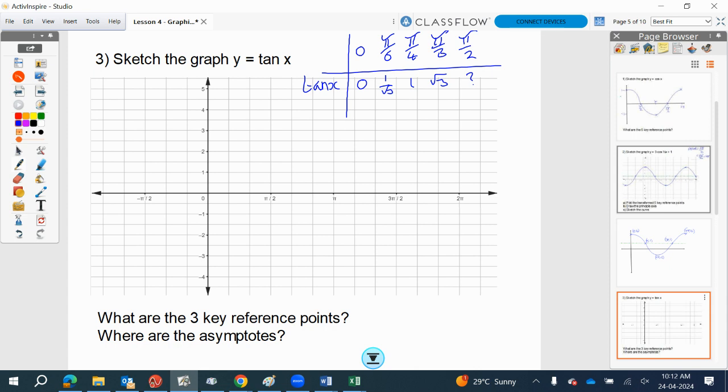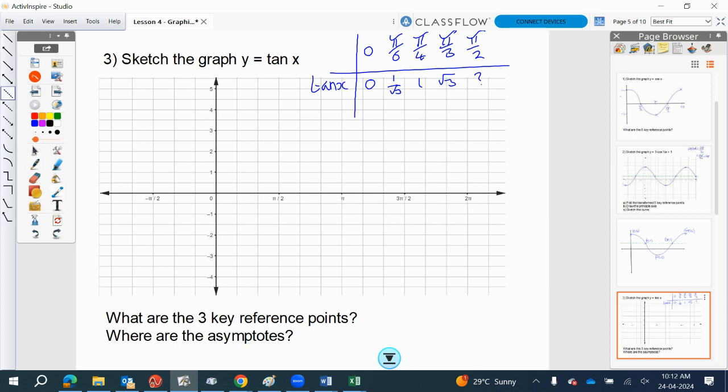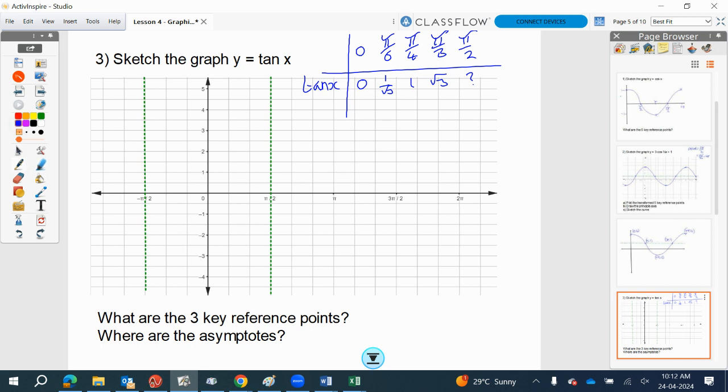So the standard function is going to have a vertical asymptote at pi over 2. It's going to have another one at minus pi over 2. It's going to go through pi over 4 or 45, 1.